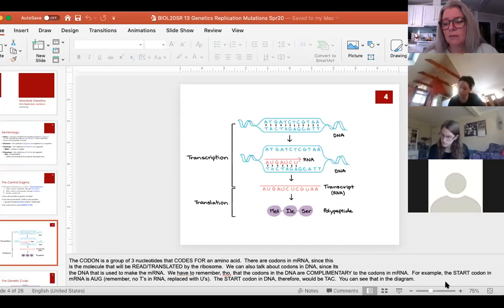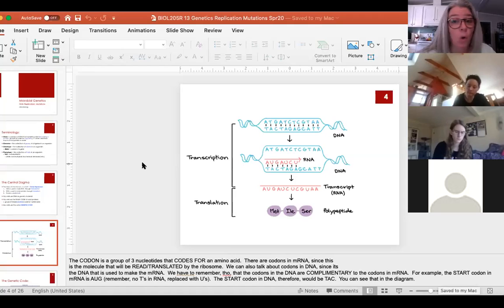One of the challenging parts of learning about genetics is keeping straight which code is which. But the nice thing about DNA replication is that the whole DNA molecule is getting copied.